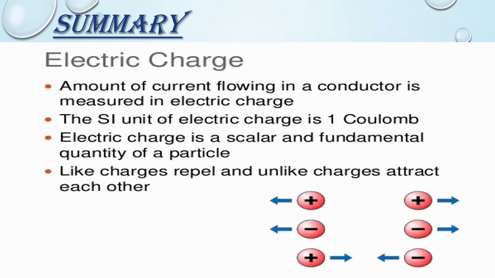Now let us quickly summarize what we have learned. We have learned about electric charges. I want you all to quickly read the important points. And the major important point is that like charges repel and unlike charges attract each other.